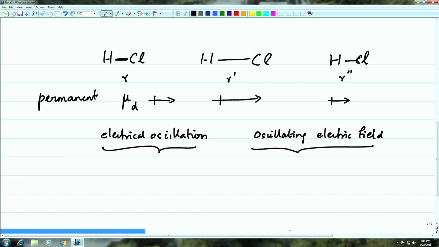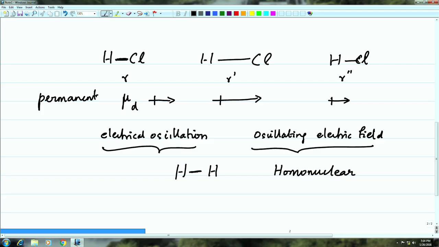A molecule such as hydrogen, where both the atoms are identical, that is, homo-nuclear diatomic molecules, does not show an IR spectrum and does not reveal information through IR spectrum. On the other hand, they can be studied using Raman spectroscopy when we study scattering later.